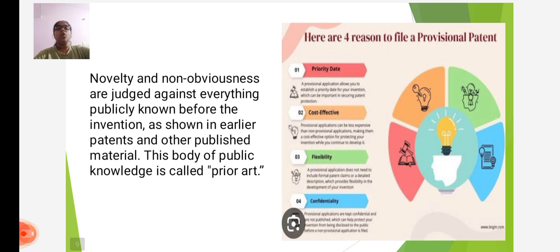Novelty and non-obviousness are judged against everything publicly known before the invention, as shown in earlier patents and other published material. This body of public knowledge is called prior art.